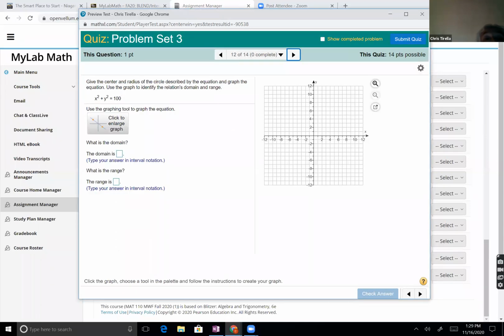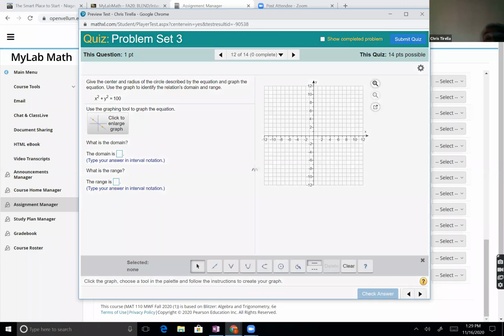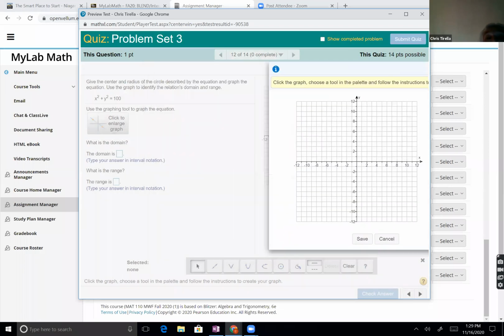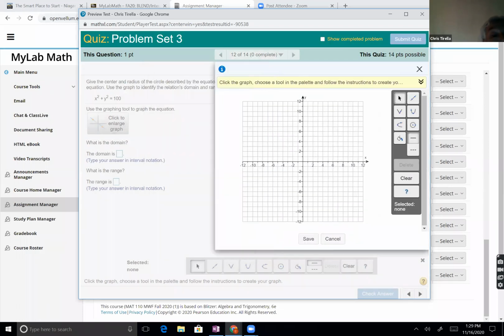This one asks you to find the center and radius, and then graph it and find the domain. And so again, for the center and radius, I'm going to compare it to x minus h squared plus y minus k squared equals r squared.